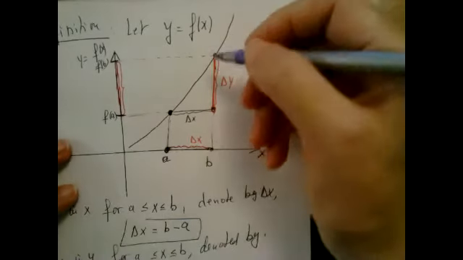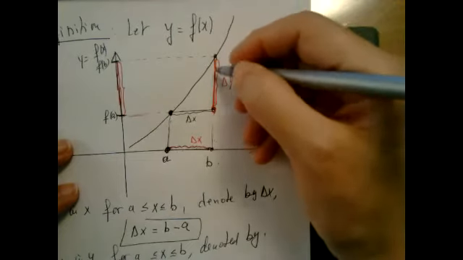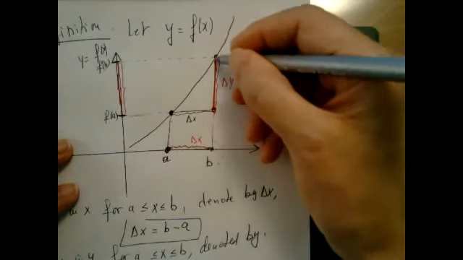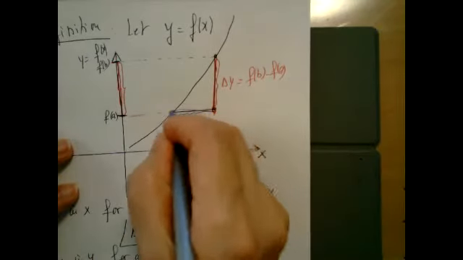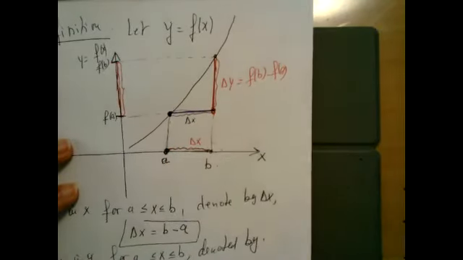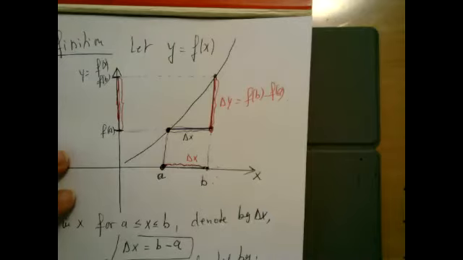Watch what the average rate is. It's this piece from here to here, that's the rise if you want, divided by that. So graphically, the way we're going to interpret it is the following.